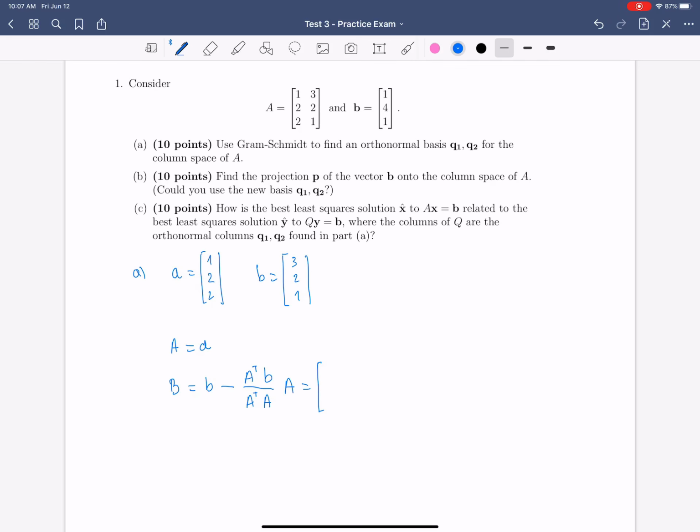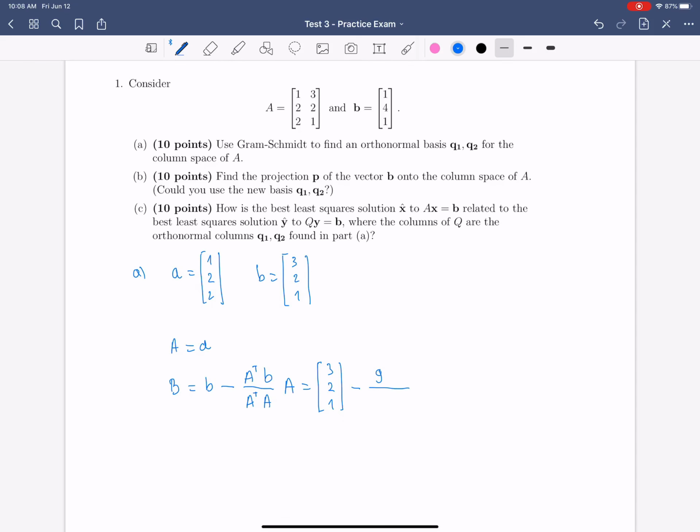So this B here is 3, 2, 1 minus, as I said, capital A is lowercase a. It's the same thing, so you could replace lowercase a if you like. So I have the dot product between lowercase a and lowercase b, which is 3 plus 4 plus 2. So that's a 9.